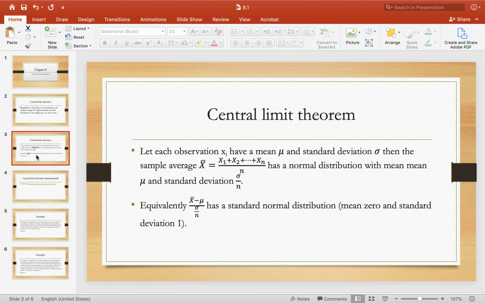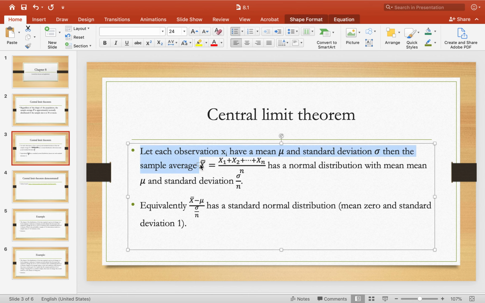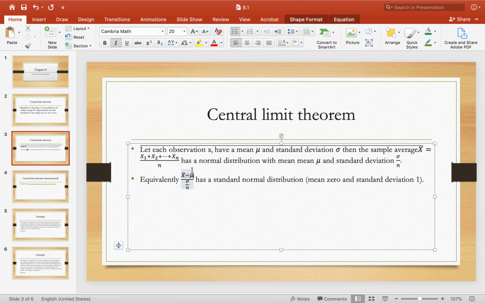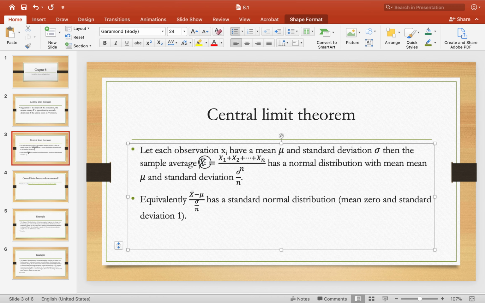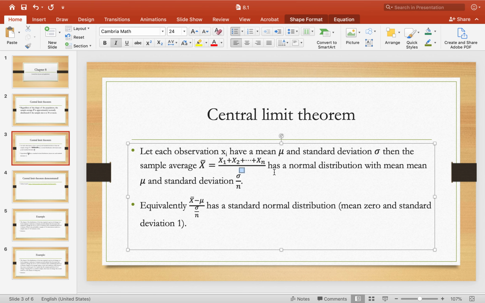It says this: if we have independent and identically distributed observations, that's what this says, then the sample average, which is computed in this way, right here, has a normal distribution with mean mu, but there's a critical difference.